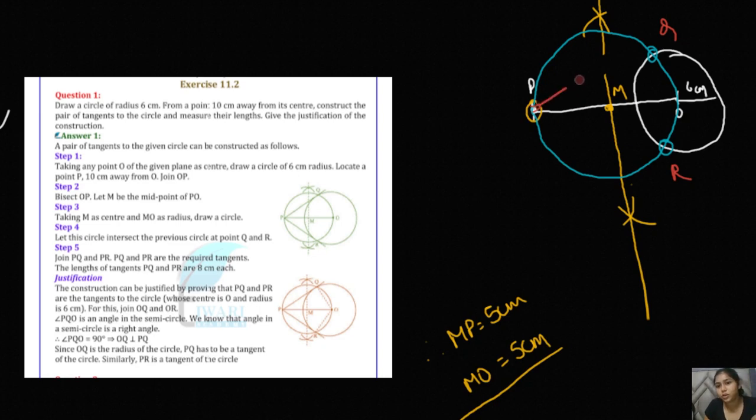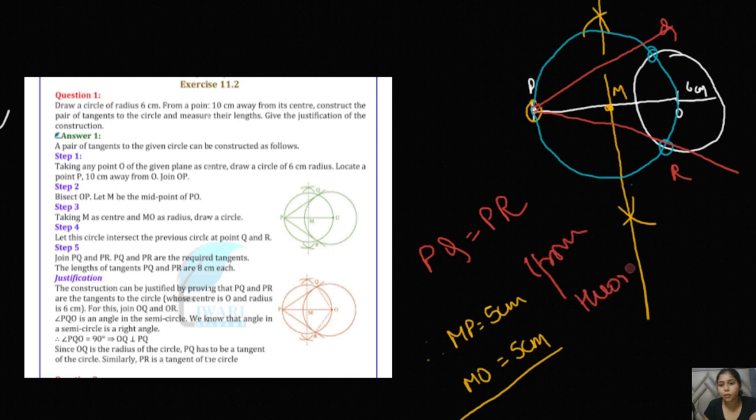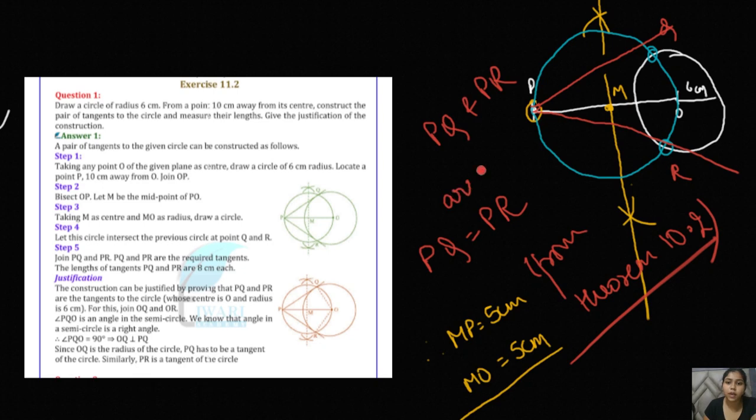So this is basically PQ equal to PR, from theorem 10.2 we have studied in class 10th. So PQ and PR are the pair of tangents we are getting.